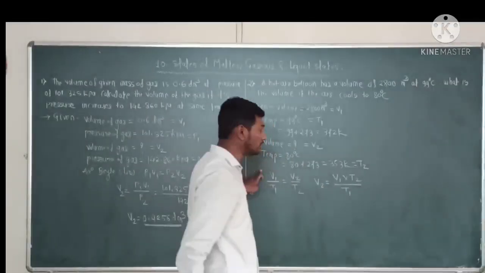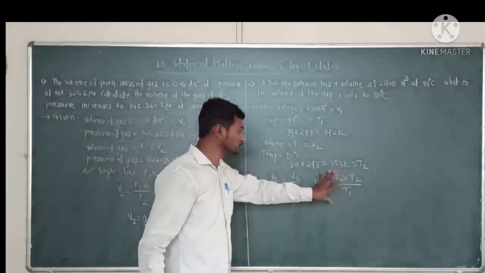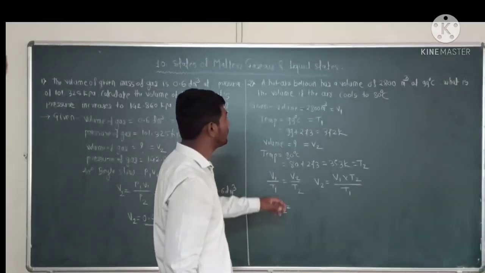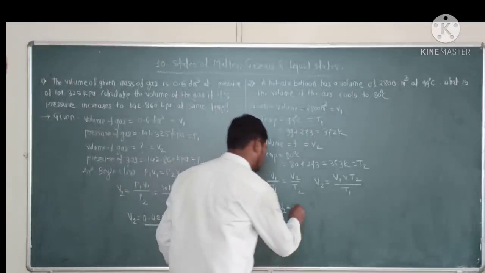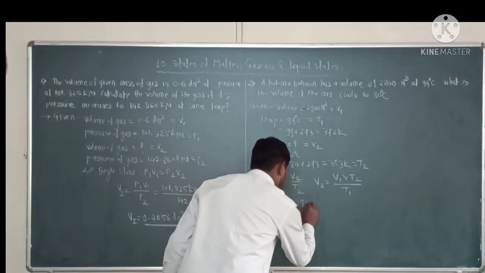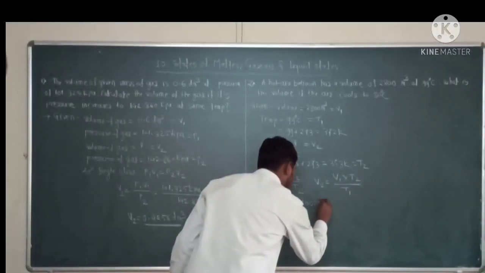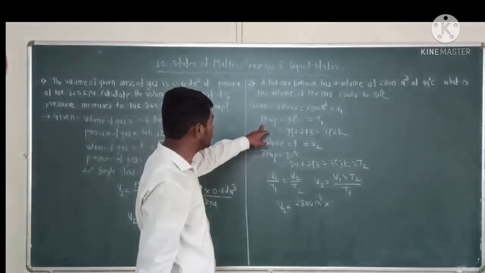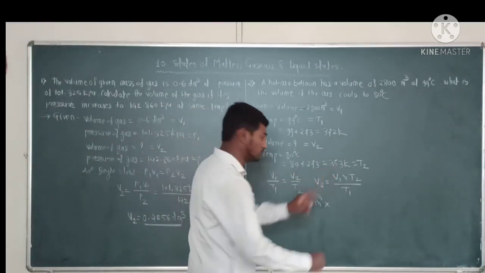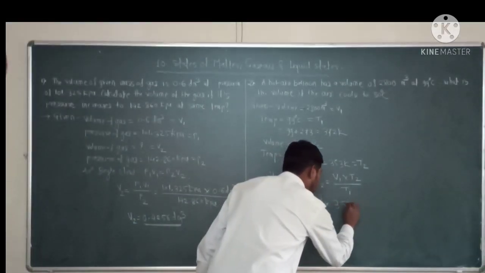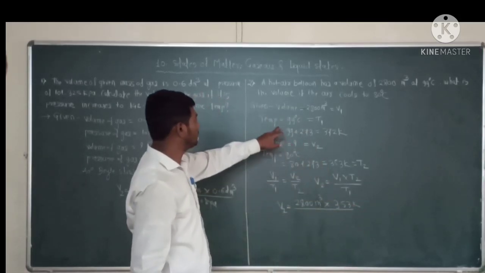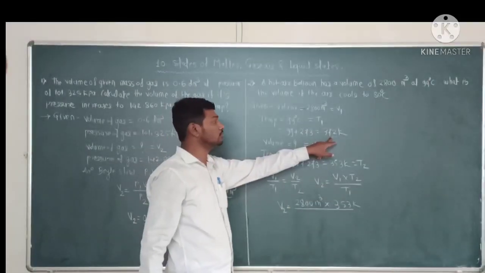Put the values in this equation: V2 is equal to V1, 2800 cubic meter, into T2, that is 353 Kelvin, divided by T1, that is 372 Kelvin.